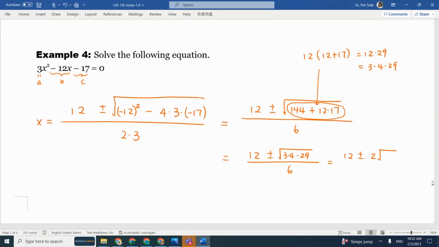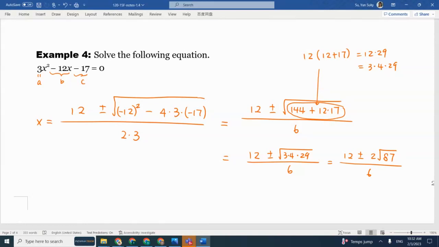I can pull the 4 outside of the square root. The square root of 4 is 2. And then we're left with 3 and 29. 3 times 29 is 3 times 2, 6. 3 times 9 is 27. So 87. Right, everybody? 87.